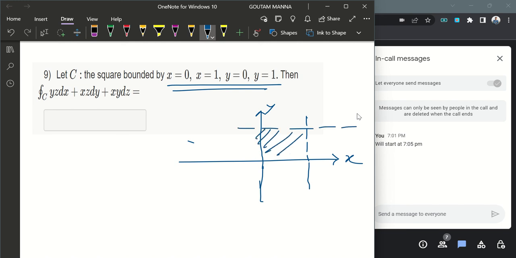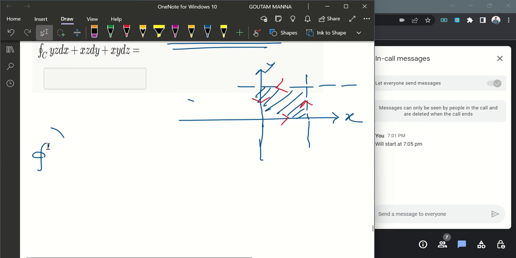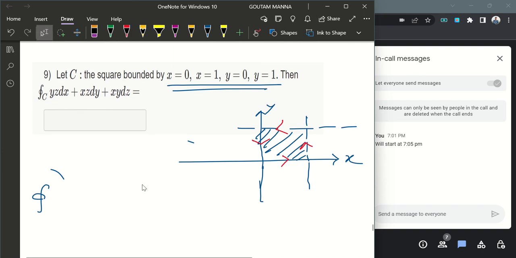So we are here, which means z is not varying. We are asked to do this integration in this closed loop, let's call it loop C, of yz dx plus xz dy plus xy dz.